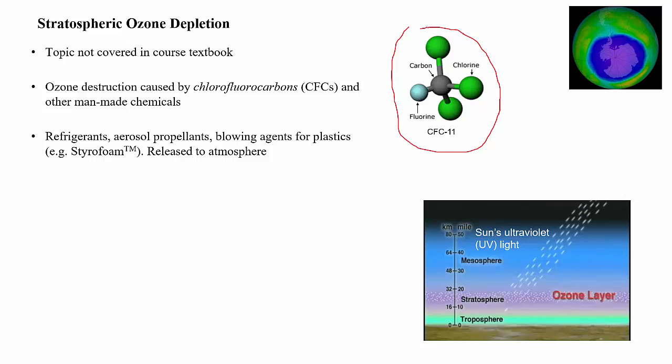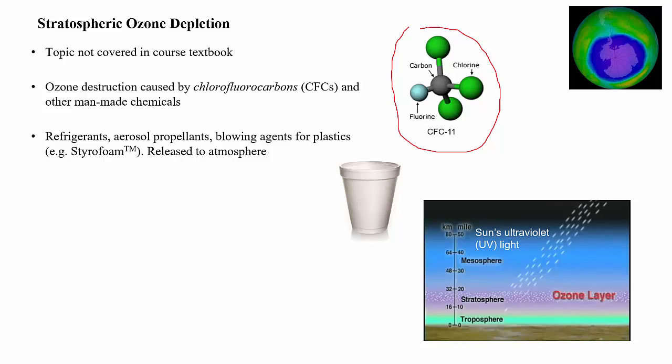They were also widely used as propellants in aerosol cans, so everything from spray paint, hairspray, even underarm deodorants. CFCs were also used as the blowing agent for plastics like Styrofoam. Styrofoam is actually Dow's trade name for expanded polystyrene.